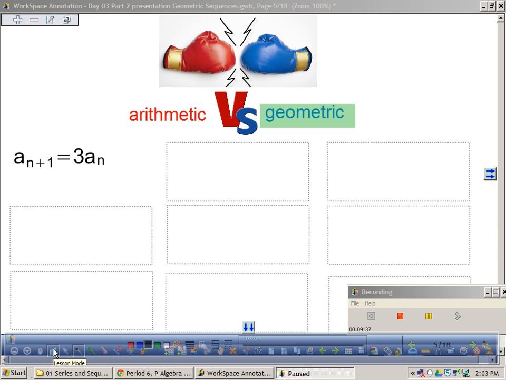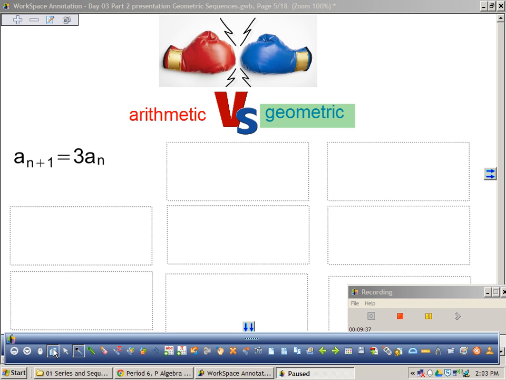Okay, so I'm going to ask myself, is it arithmetic or is it geometric? I look at this, and this just says to find some term, I'm going to multiply 3 times the previous term. Did it say anything about the first term? As you're doing these, you should do what I'm doing. I read it to myself.